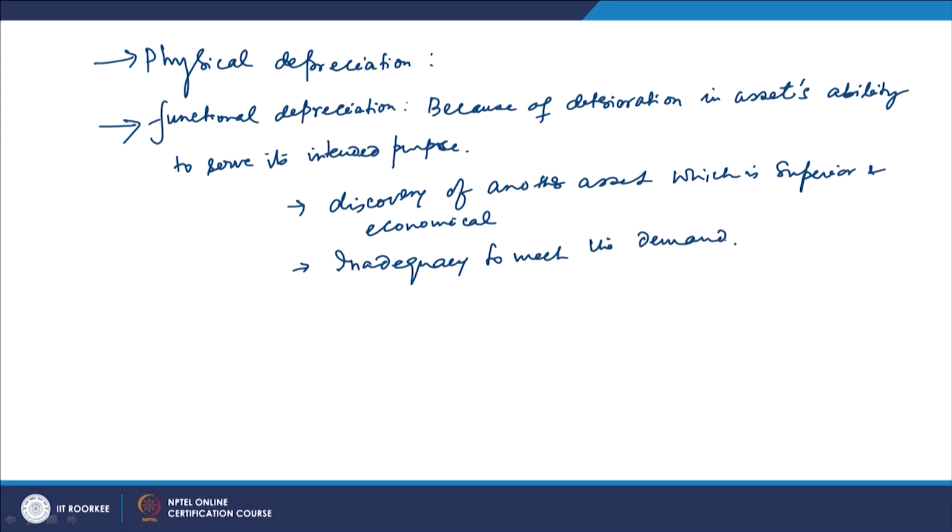So, as we discussed, there are basically two reasons. One is that another asset has come into the market which is technologically superior and also economical, so that makes the present asset devalued. The second is that you are not able to meet the demand, and you have another asset by which you can meet the demand.